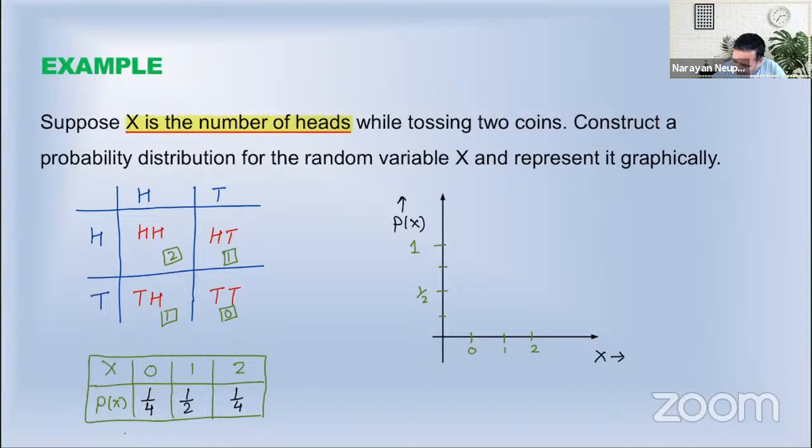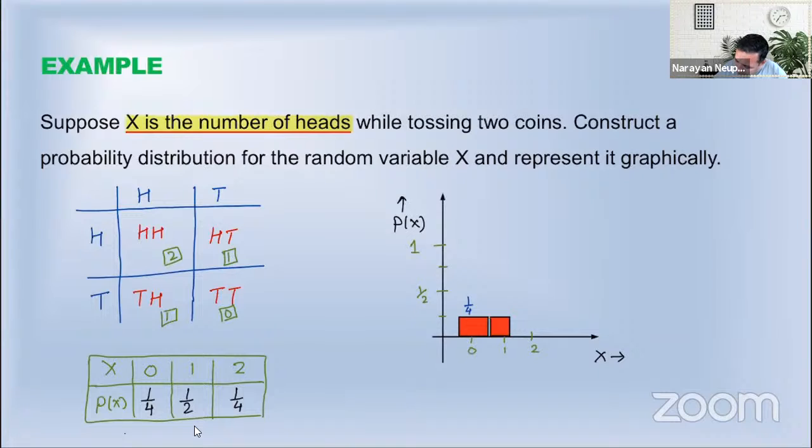Around that 0, you'll draw a vertical bar of height 1/4, just like that, because the probability of getting 0 is 1/4. That is the meaning of that. Similarly, you draw the second one for 1, and the probability is 1/2. So when you draw the second bar, the height must be 1/2.